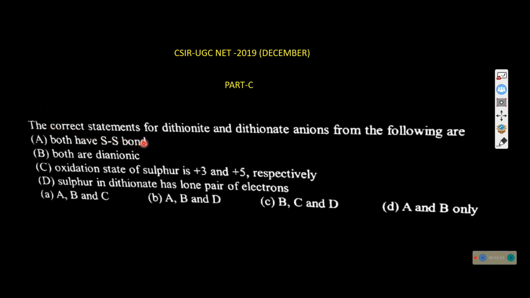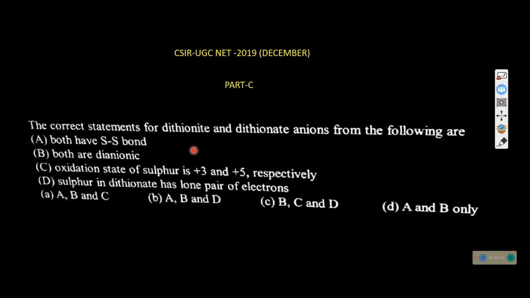The question asks for the correct statements for dithionite and dithionate anions. Dithionite and dithionate are not the acids, these are the dianionic species of the acids. Dithionite is the dianion or conjugate base of dithionous acid, and dithionate is the conjugate base of dithionic acid.